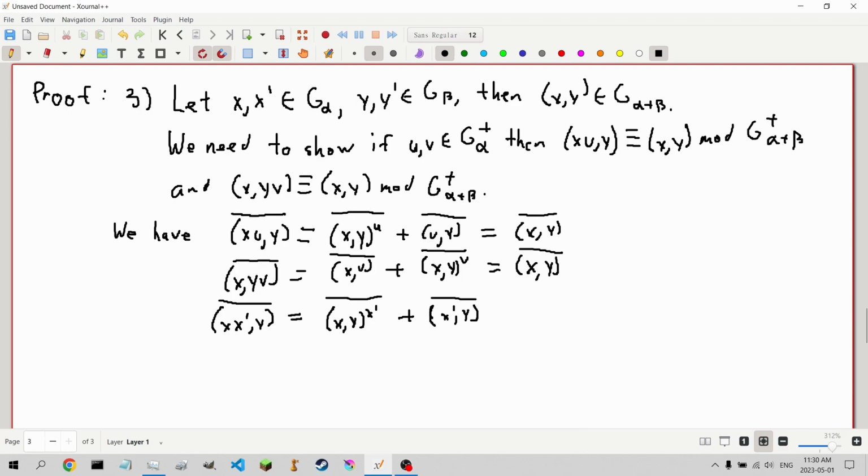And then u comma y is going to be greater than we need, because keep in mind u is from G alpha positive, so it has to be strictly greater. So this has to get quotiented to be the identity. So that term is just going to disappear. And it works exactly the same way with the other case on the other side. Now in this case, once again, taking the quotient disappears our exponent, so we get x comma y bar. And the term on the right is going to stay.